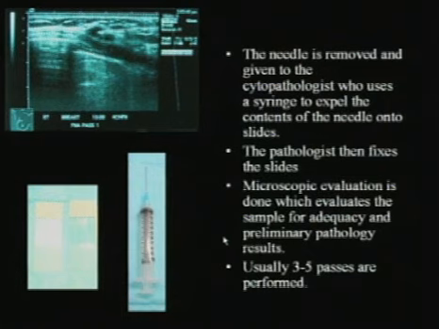And they do this at the time of biopsy, where they can assess for adequacy of the sample to see if additional passes need to be done. Usually 3 passes are done, but as many passes can be done as are needed to make a diagnosis up to a certain point. And then usually preliminary pathology results can be given, as I discussed earlier.